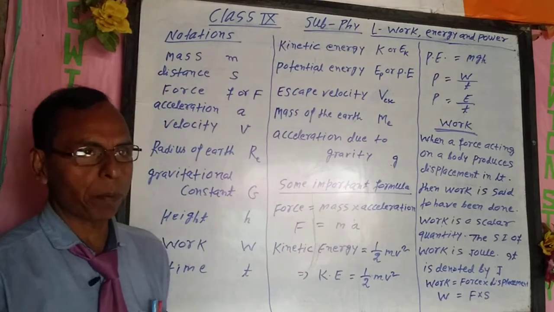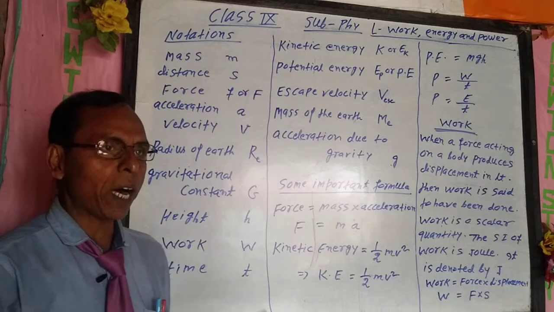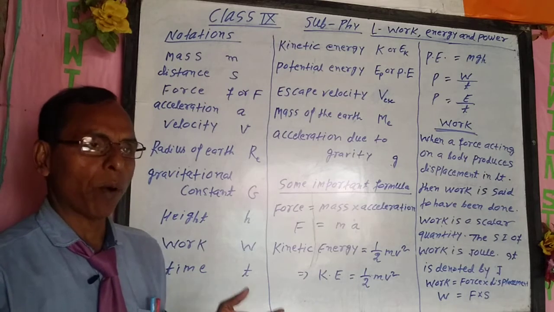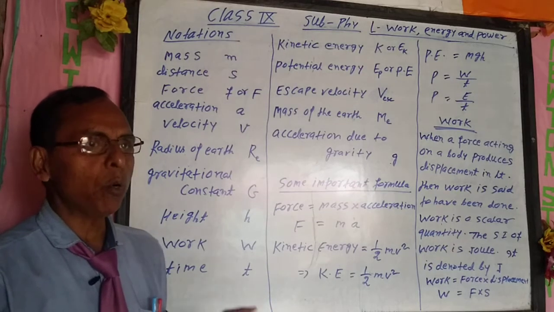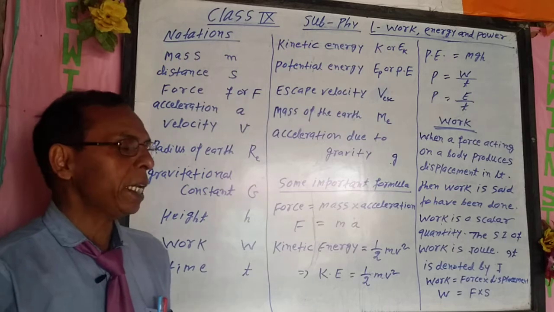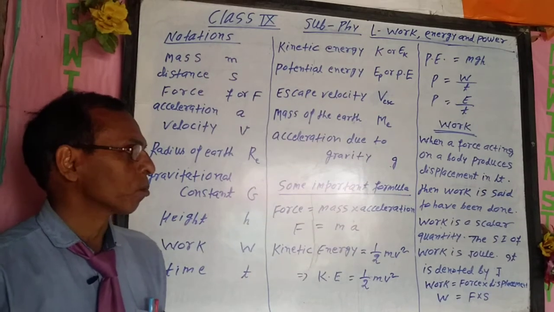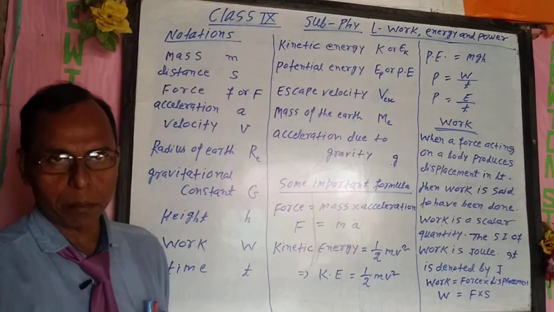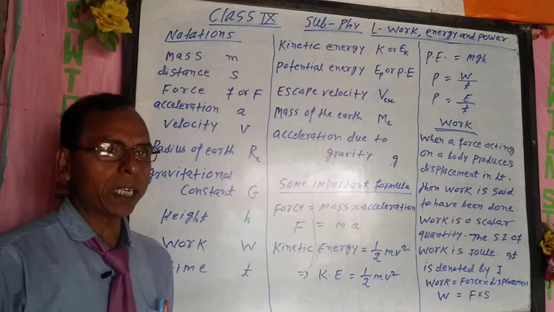Then work is equal to 5 multiply 2, which is equal to 10 joule.